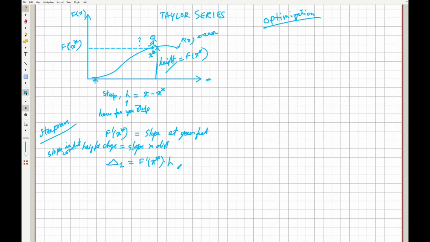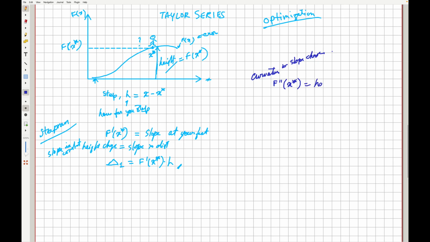Now you can imagine that hills are rarely straight. So as we walk, the slope itself may change, and this is called the curvature. So the slope changes. And mathematically, we can write that as f double prime of x star.